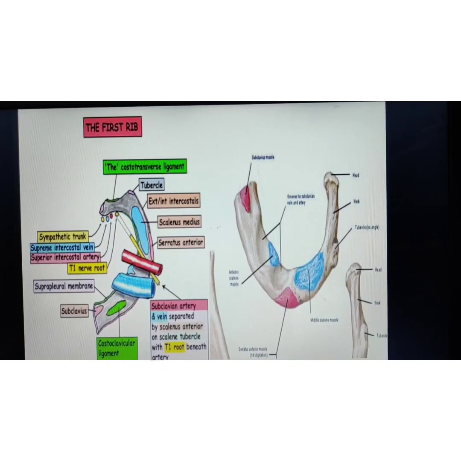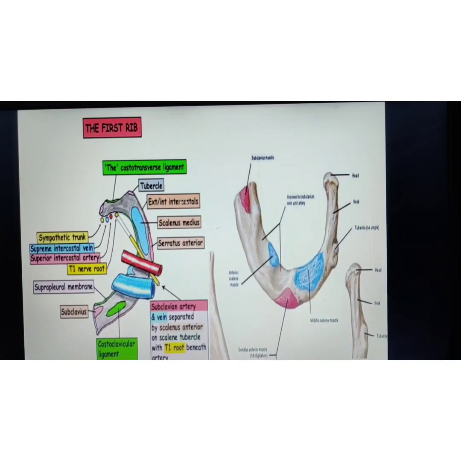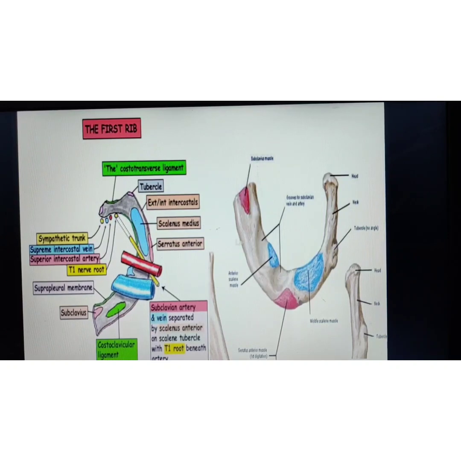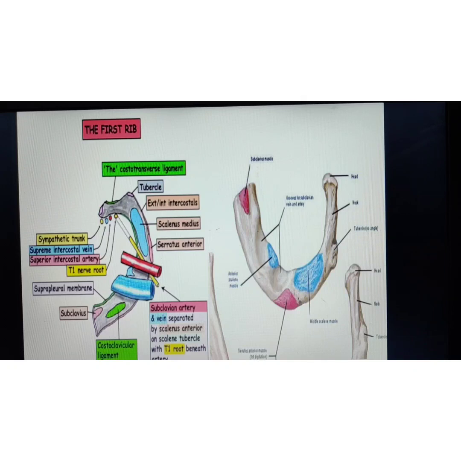Coming to the attachments and relations of the first rib, on the superior surface or the upper surface of the first rib, there is a groove for the subclavian artery.